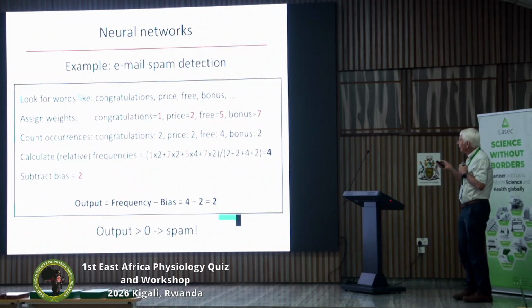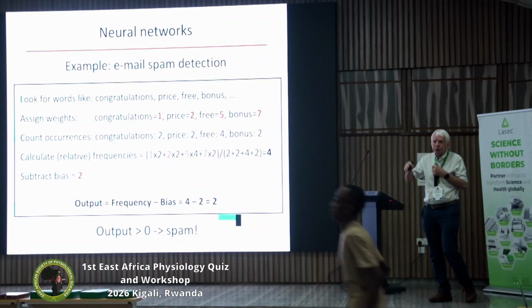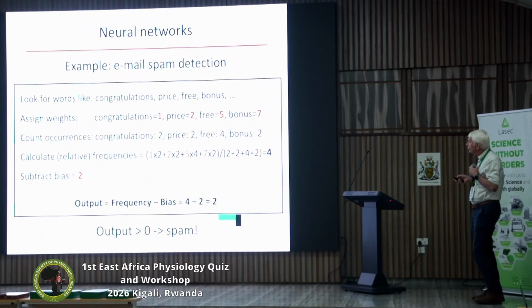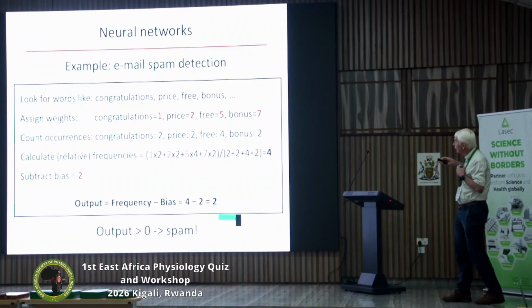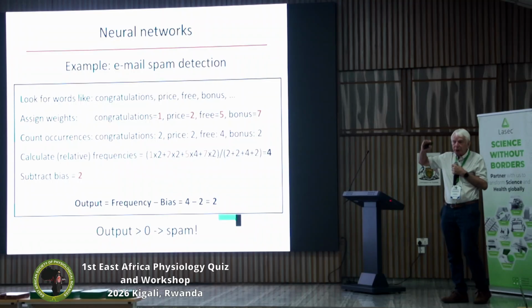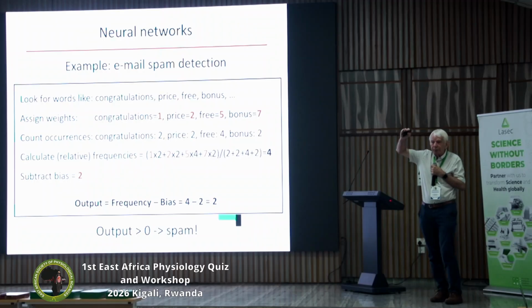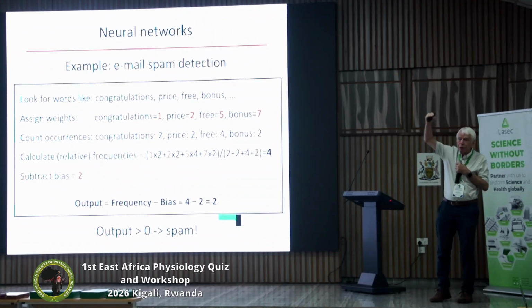Never, I think. Anyway, so you have weights for certain words, and then the computer looks at the occurrences of these words. So, for instance, congratulations is mentioned twice in a certain email, free prize is mentioned twice, a bonus is mentioned twice. Then you calculate the relative frequencies of these, and you compare this with what's called a bias. This is similar to the threshold in the membrane potential, which causes an action potential.